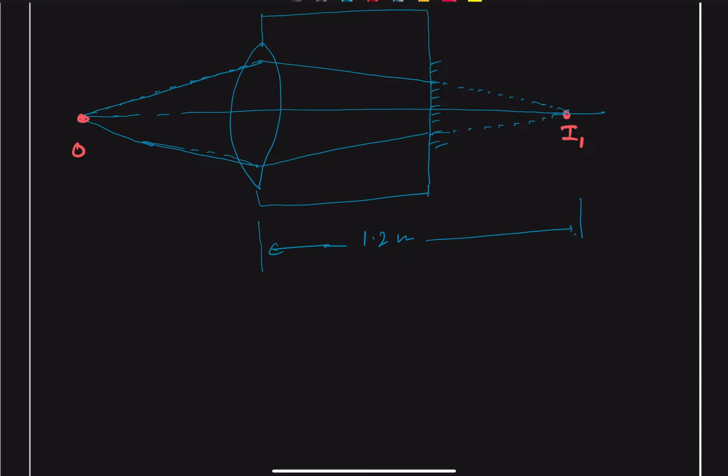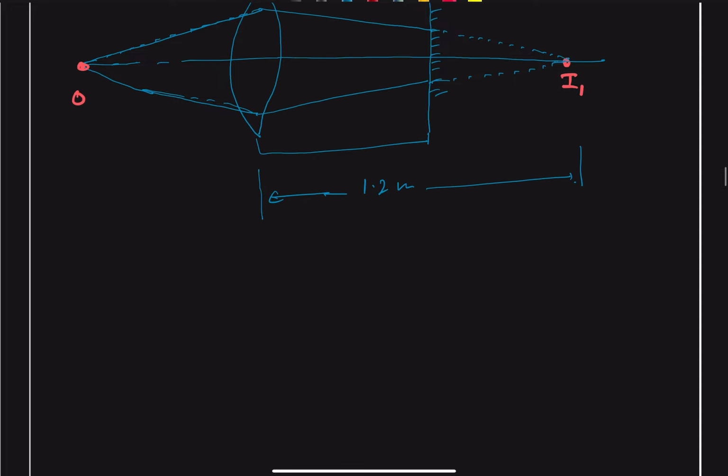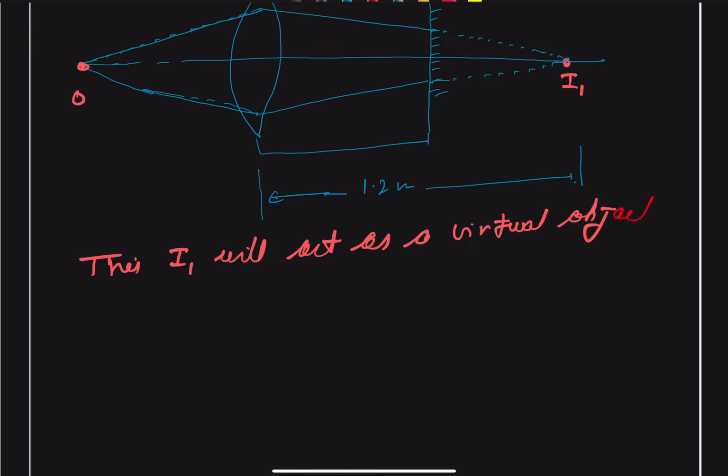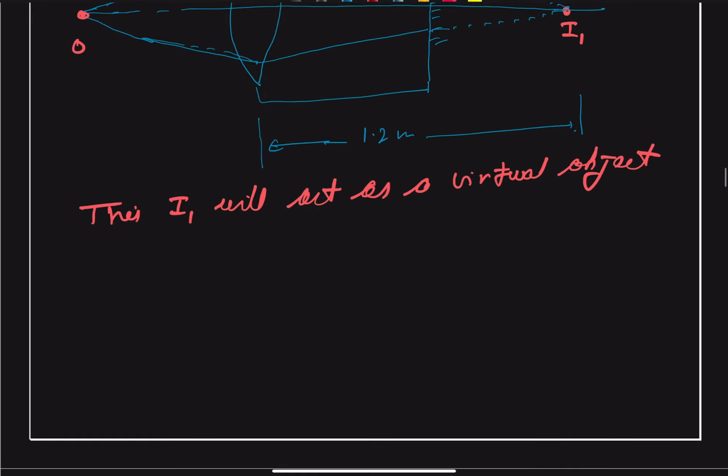Okay. Now this I1 is going to act as a virtual source for the plane mirror. So we can say this I1 will act as a virtual object for the plane mirror.